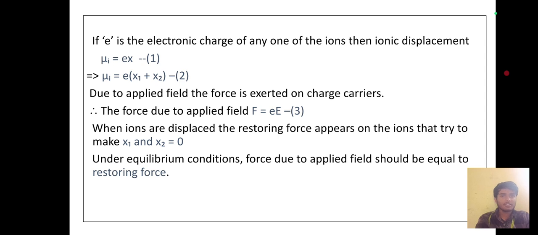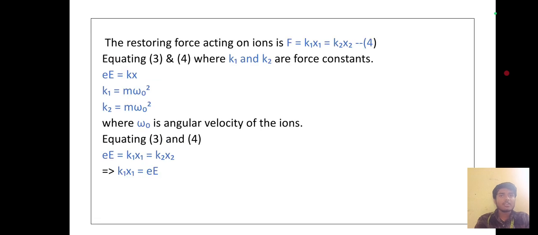When the ions are displaced, a restoring force appears on the ions that tries to make x1 and x2 equal to 0. Under equilibrium conditions, the force due to the applied field should be equal to the restoring force. The restoring force acting on the ions is F equal to K1 x1 equal to K2 x2.